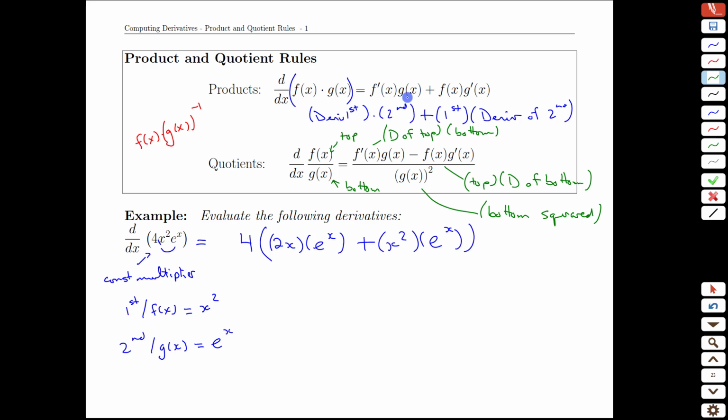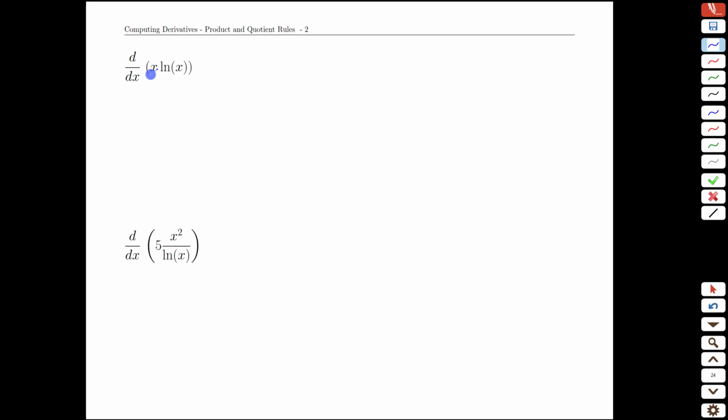Let's move to the next page, where we'll see how we can apply both the product rule and quotient rule in other examples. In this problem, we have the derivative of x times ln of x, and so naming our functions, this would be our first function, this would be our second function, and this would be a product. So we'll use the product rule for it.